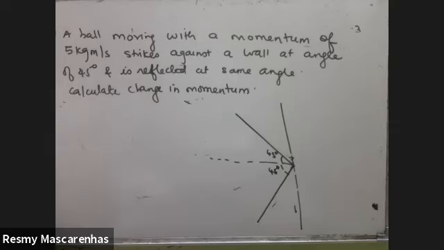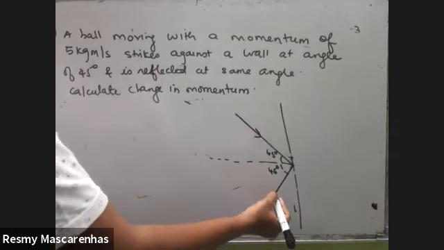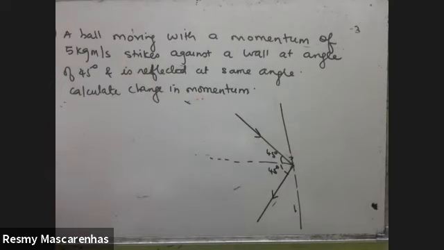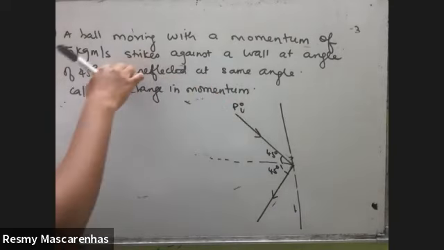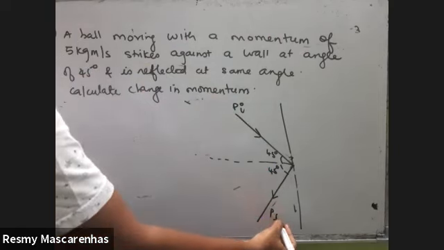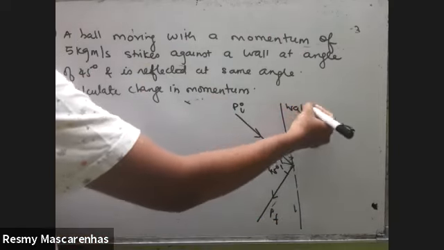Coming at 45, going back at this. We can just consider the initial momentum. It's coming with the initial momentum and going with the final momentum. This is your wall.